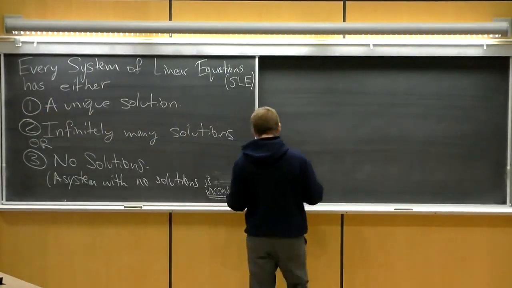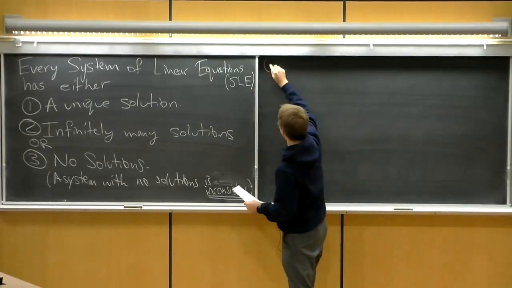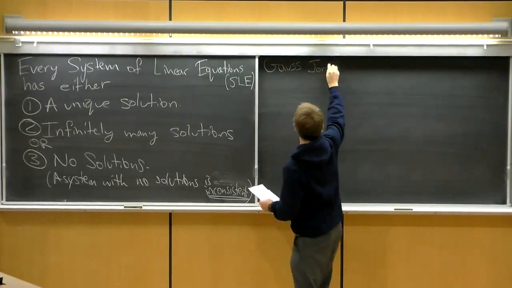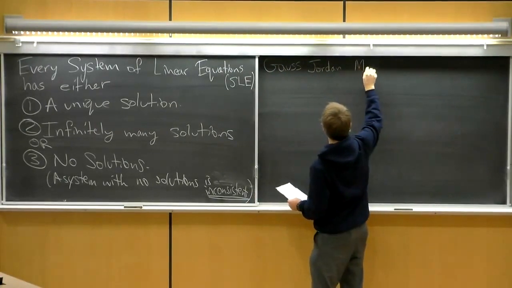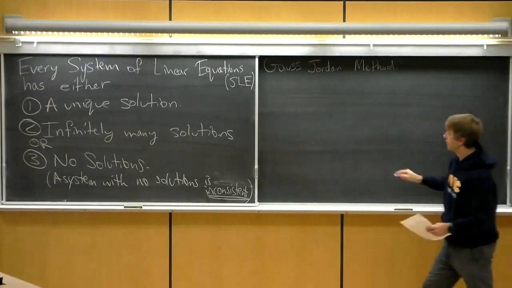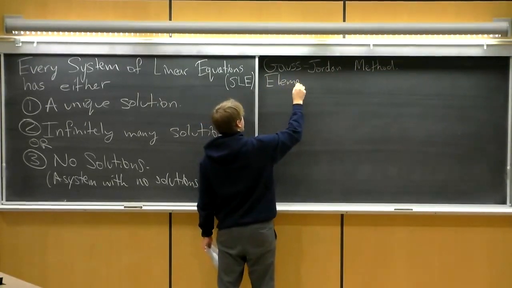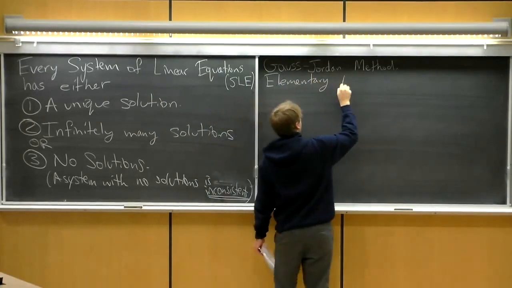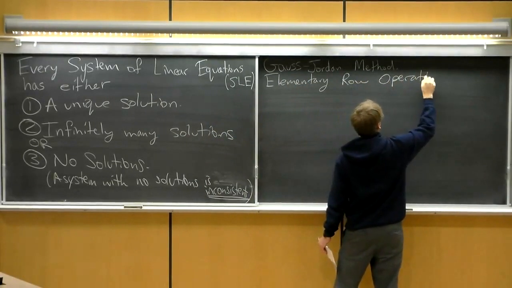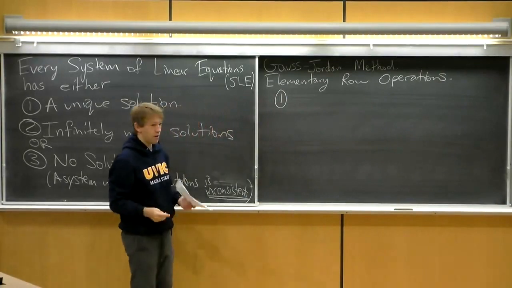And so we started talking about something called the Gauss-Jordan method. I'll just remind you of these elementary row operations. First of all, you can swap two rows.